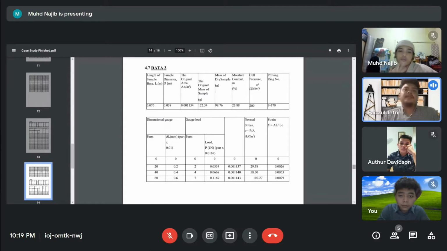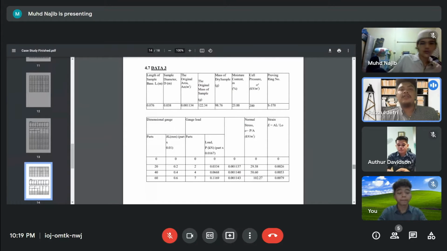So length of sample base for data 3 in meter is 0.076 meter. Sample diameter in meter is 0.038. The original area in meter square is 0.01134 meter square. Next, the original mass of sample in gram is 122.34 gram.